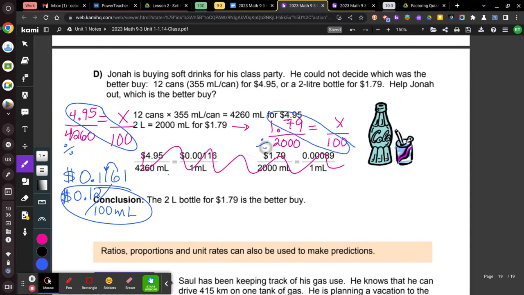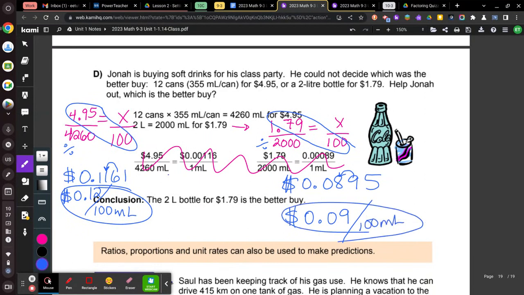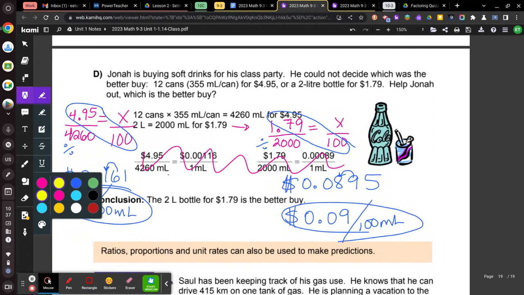Cross multiply, then divide. That's going to give me 0.0895. The 9 makes the 8 become a 9. So this one is 0.09 cents per 100 milliliters. One of them costs 9 cents and one of them costs 12 cents. Who's the cheaper deal? 9 cents is the cheaper deal. So that means the 2 liter of pop is the cheaper deal.